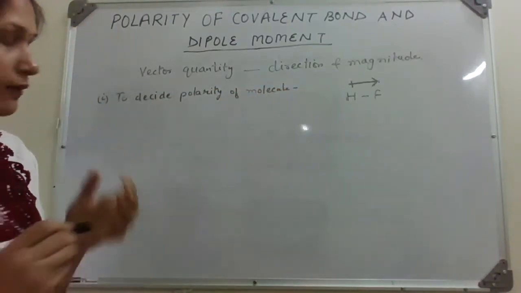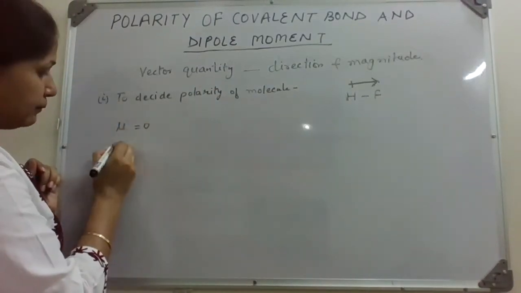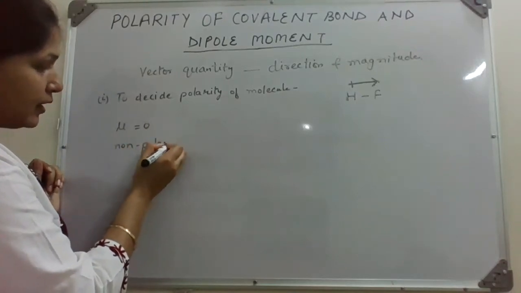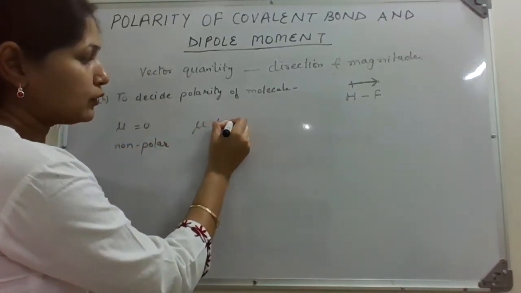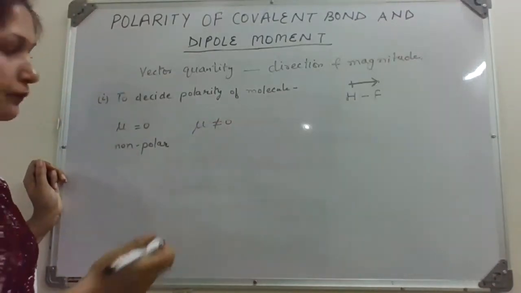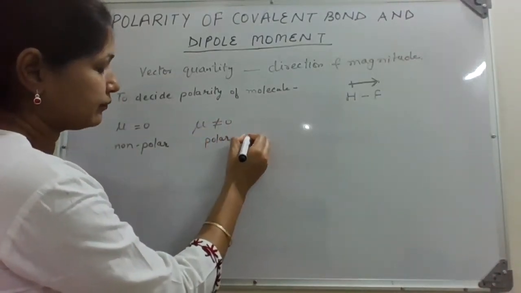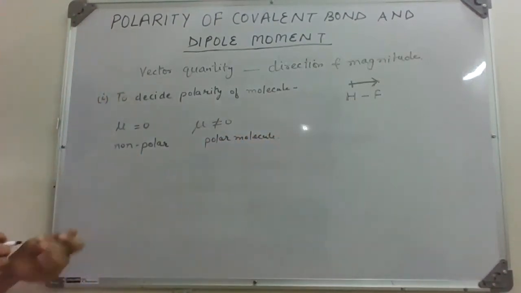The molecules which have dipole moment equal to 0 are non-polar molecules, and the molecules which have dipole moment not equal to 0, with some value of dipole moment, are polar molecules. So we can decide the polarity of a molecule.